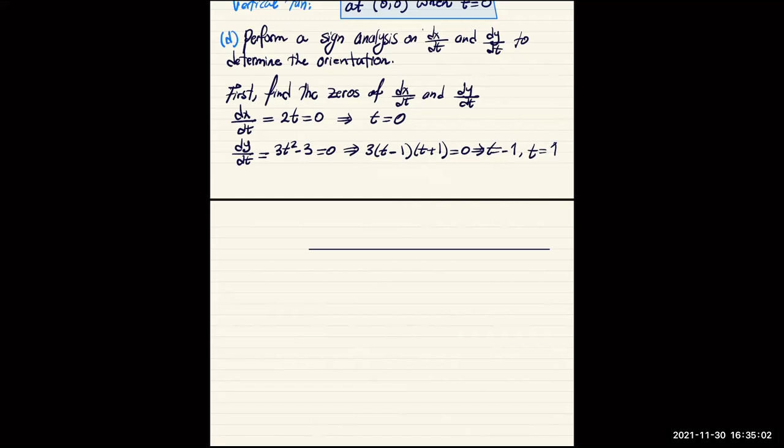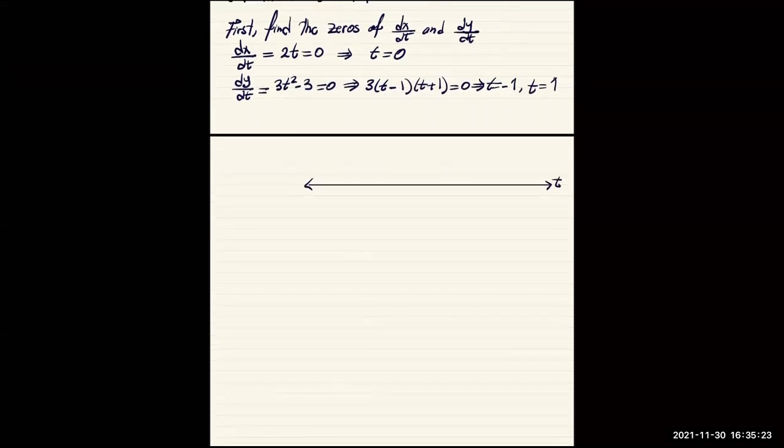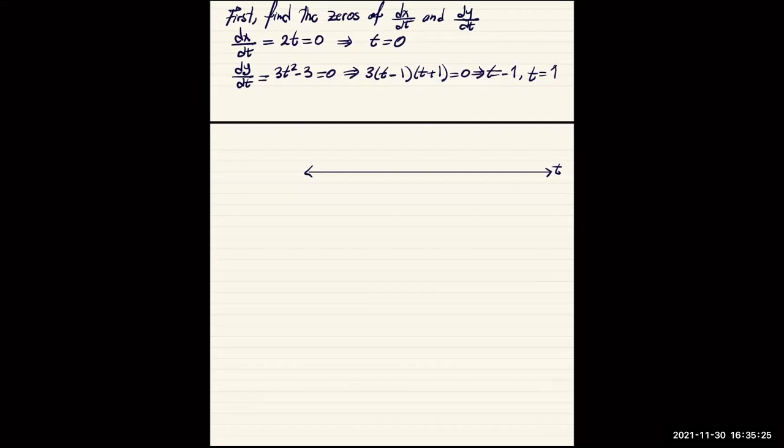This is a two-dimensional sign analysis. So this is the t-axis, by the way. This is not x or y, it's t. And what you do is locate those zeros on the t interval. We have -1, we have 0, and we have 1.